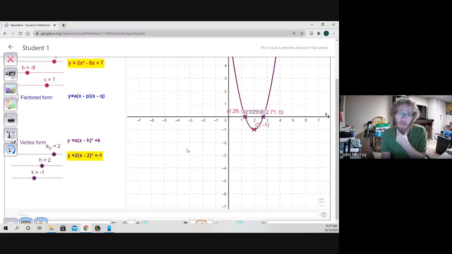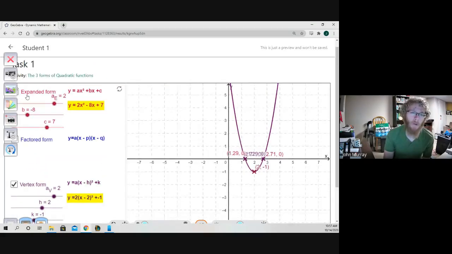All right, so what I want you to do tonight is mess around with this and come up with your own vertex form, and then try to match it up with what they call expanded form here. Then just write that down and we'll talk about it tomorrow. Tomorrow, we're going to learn how to go from expanded form into our vertex form.